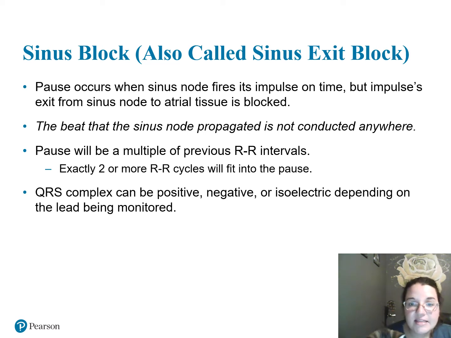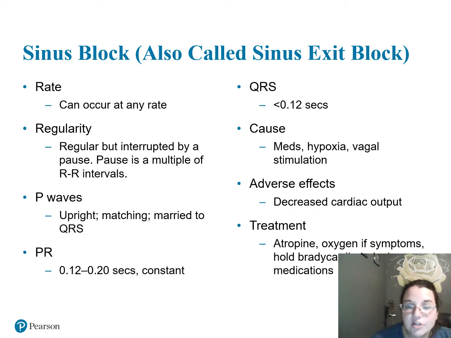The beat that the sinus node propagated, which means it began, is not conducted anywhere. The pause will be a multiple of the previous R to R interval, and it's going to be exactly 2 or more R to R cycles that will fit into the pause. The QRS can be positive, negative, or isoelectric, depending on the lead you are looking at.